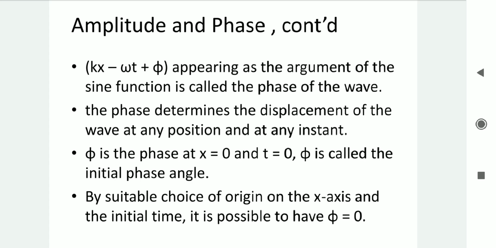The phi is the phase available at x equal to 0 and t equal to 0, so that phi gives you the initial phase of that wave. By taking a suitable choice of origin on the x-axis at initial time t equal to 0, we can make phi equal to 0.